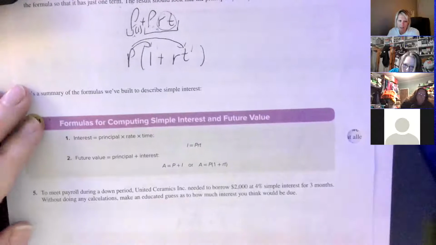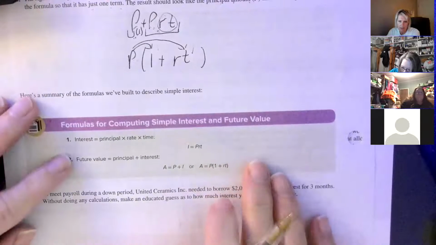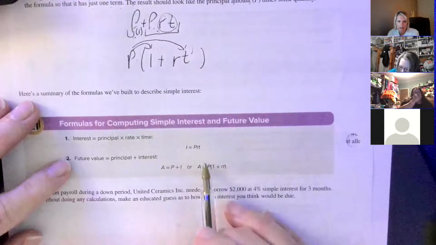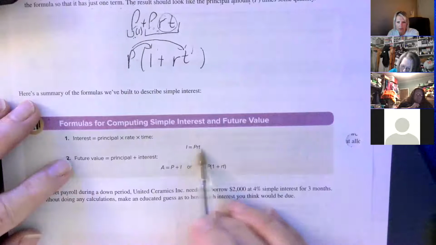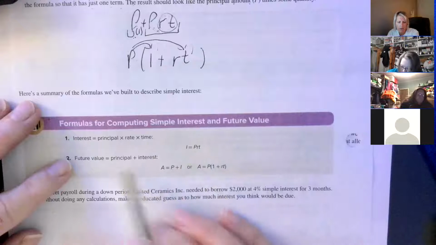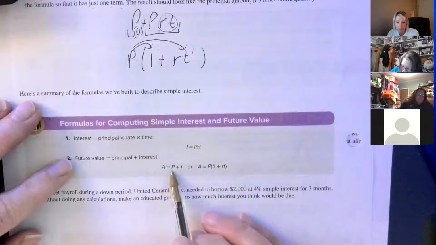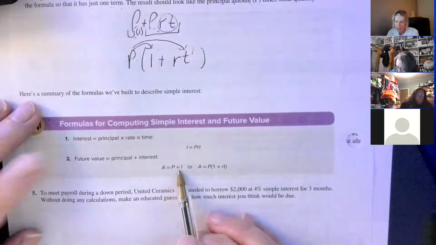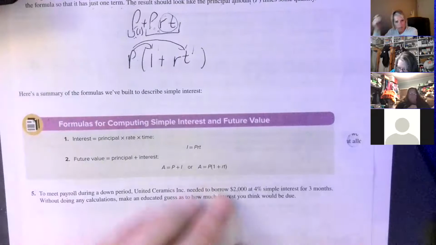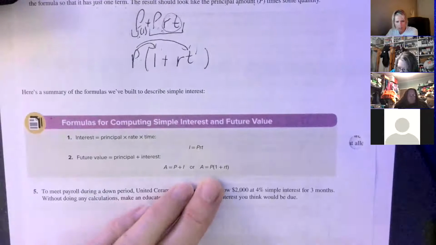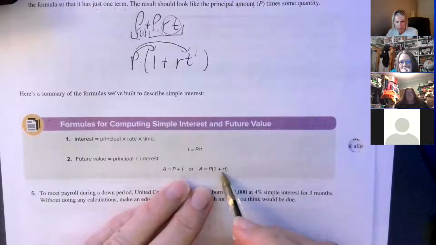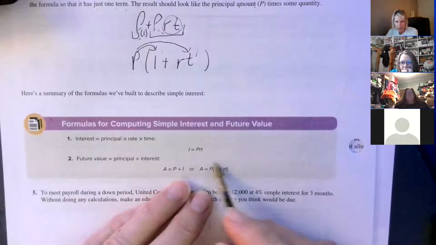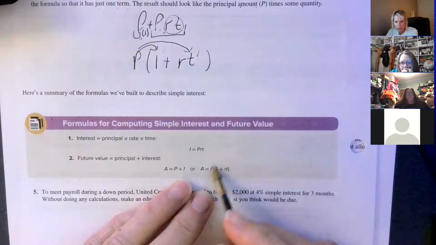It's just kind of getting us to the formulas here in the purple, essentially. So the first formula is the interest formula that we created on the other side, PRT. And then the future value formula is principal plus interest, if we know what that is. If not, then we can use the little formula that we just created up above, the principal, and then parentheses 1 plus rate times time, which is similar to what we did back in unit 2.1 with the simple interest rate.